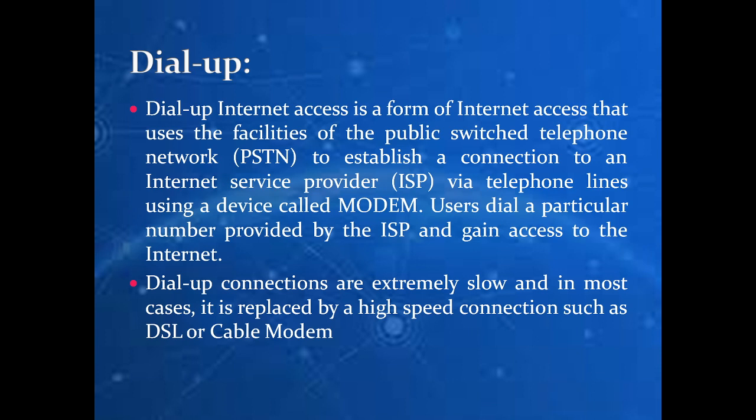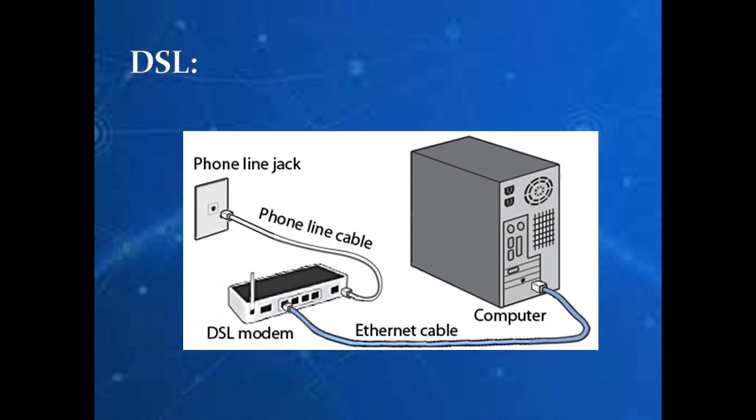The next technology which we are going to discuss is DSL. Let us have the diagram first. If you have seen a modem like this one, then this is a DSL modem. After dial-up connection, this DSL modem came into existence.